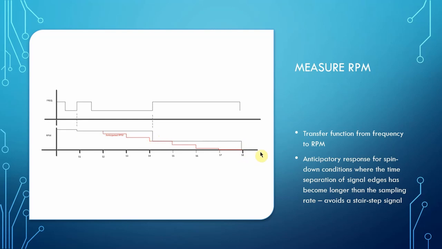And so in this case, every time we have a sample or a call for a new sample, the function calculates the new RPM, assuming that there was an edge right there at the sample call. So if there hasn't been an edge since the last sample call, it assumes that there's one right there. That gives us finer granularity in our RPM calculations.